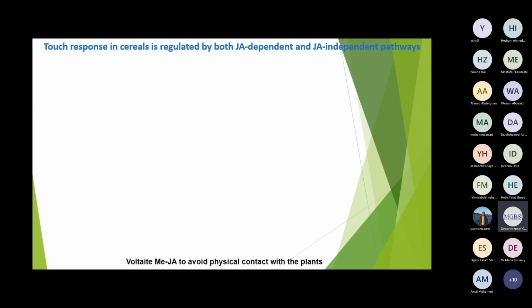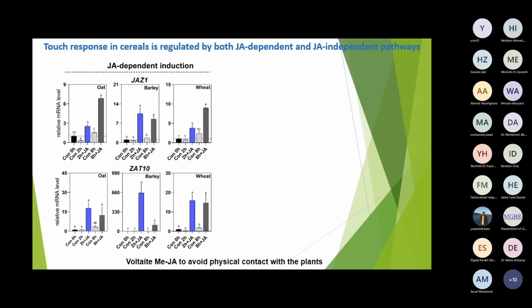Thanks. So if you see here, when I checked the touch responsive genes in the three species, it was clear that in barley the level of expression is very high in comparison to oat and wheat. And this maybe reflects the higher tolerance of barley in comparison to oat and wheat.